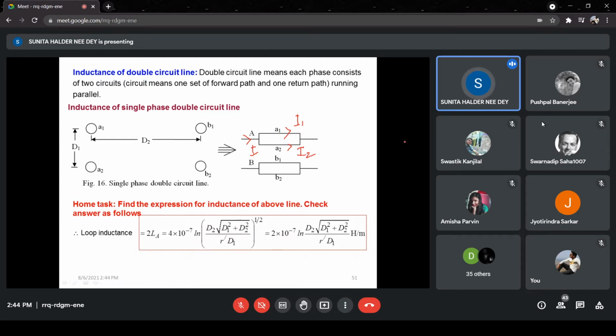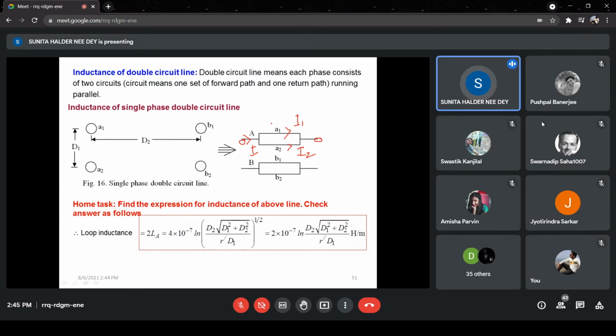So what is the feature of a double circuit line? The summation of the currents through them will be equal to the total phase current, or the current of that particular path, because for a single phase line there is no question of phase. At the same time, the voltage across the terminals of the conductors will be equal.